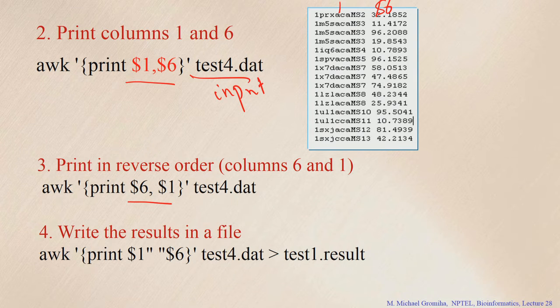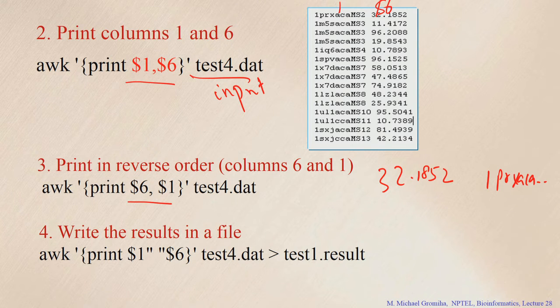If you ask to write the first column, it will write the first column, then the 6th column. If you want to write several columns, they are written in the order you give. So if you give 1 and 6, you get 1 and 6. If you write 6 and 1, what will be the result? It will be like this, 32.18 and then 1 PRXACA, like this. You can get the answer.